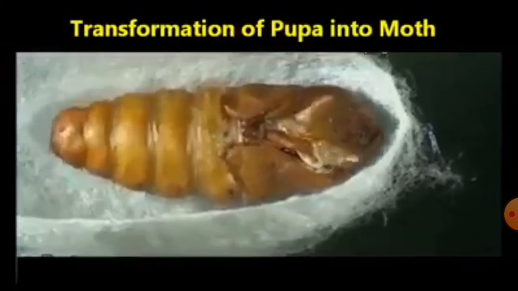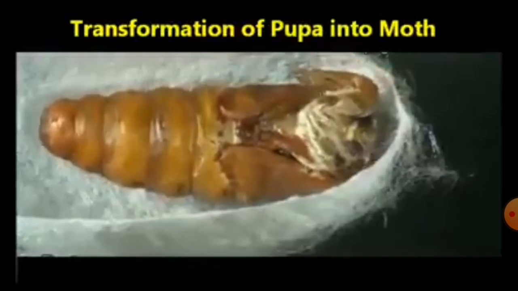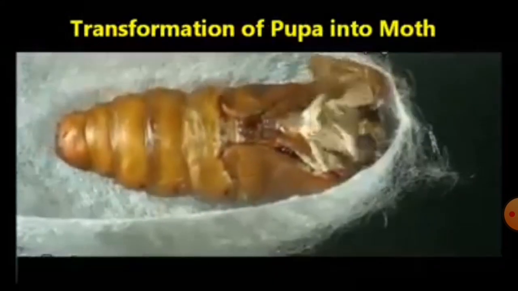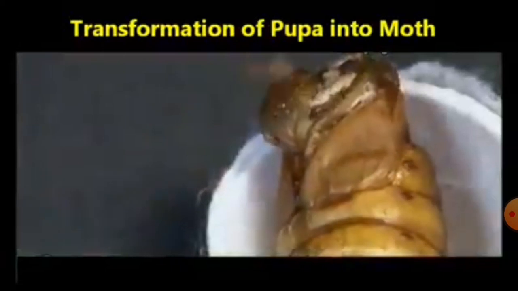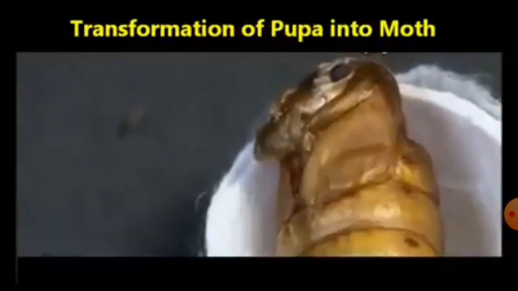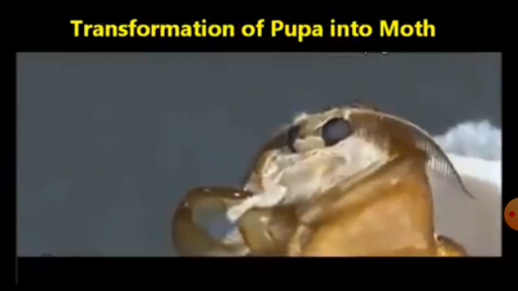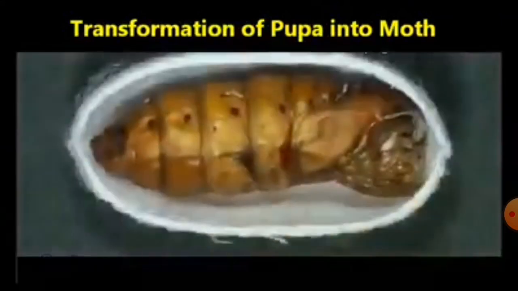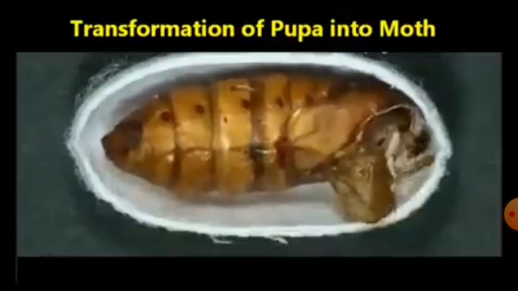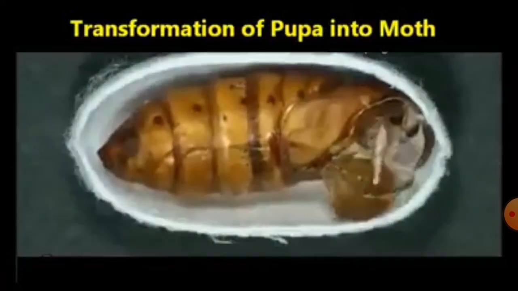Though they are resting inside the cocoon, to this covering only we say the cocoon. Okay, whatever silk fiber covering is present around their body, that we call the cocoon. Then the further development of the pupa into the moth continuously goes on inside the cocoon.